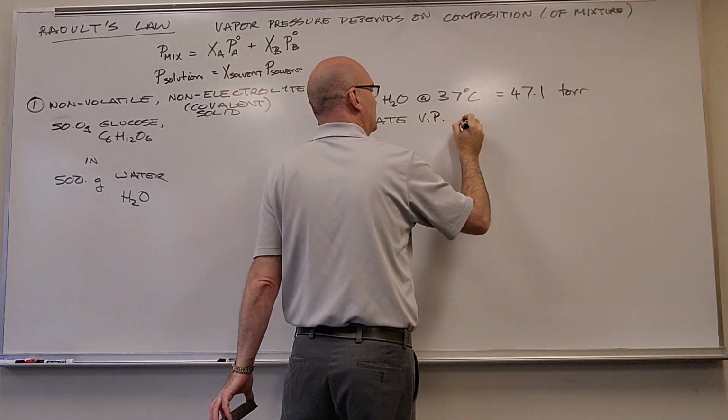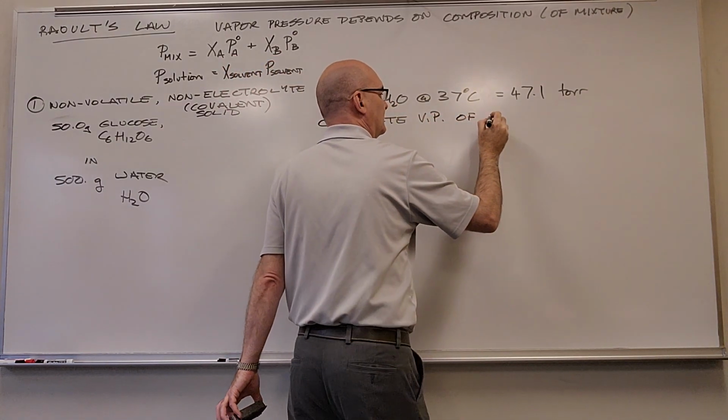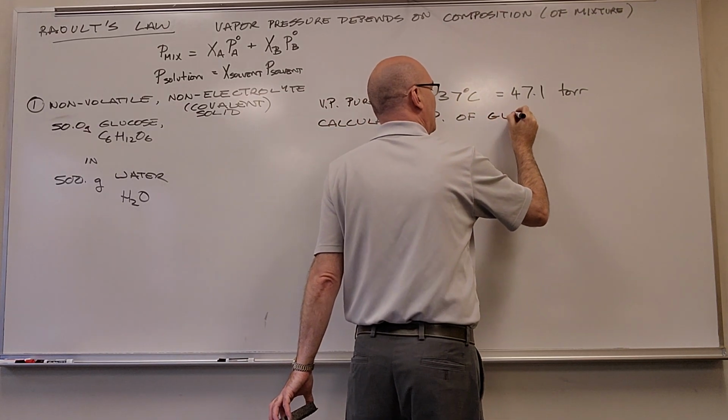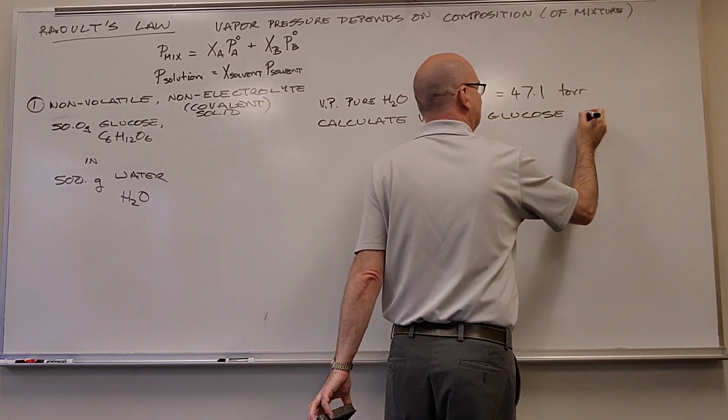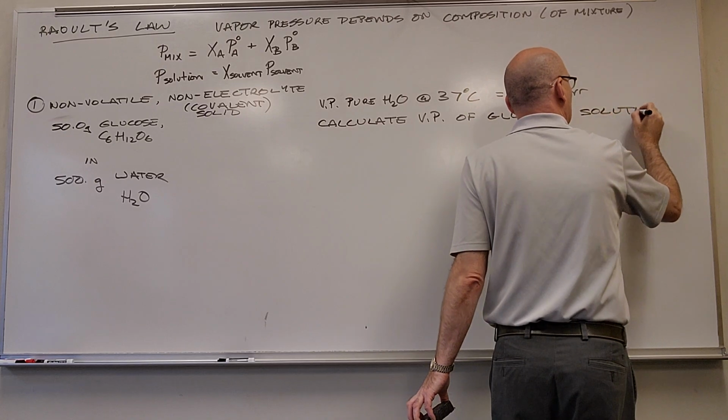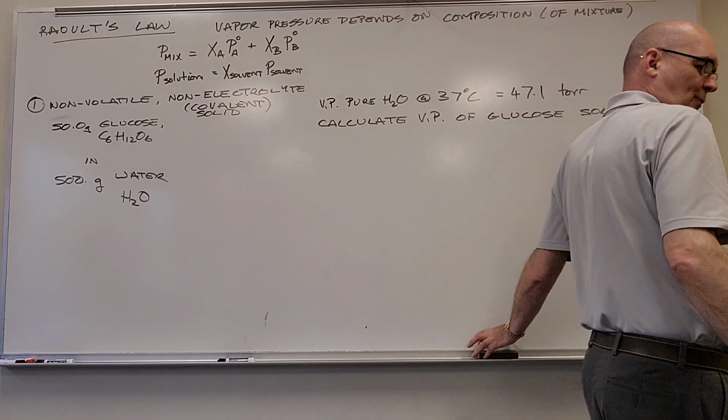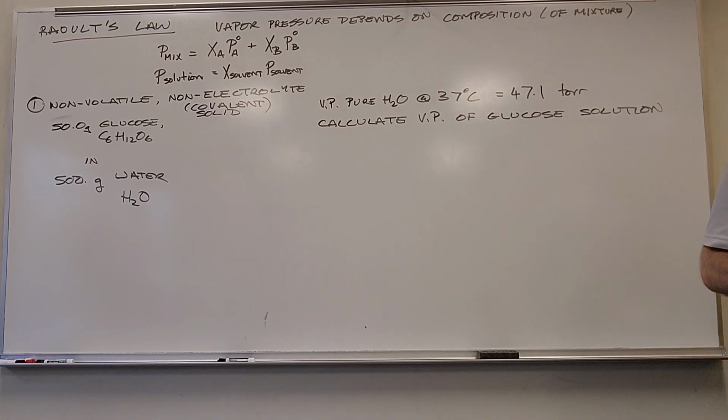Calculate the vapor pressure of the glucose solution. The solution you get when you add 50 grams of glucose into 500 grams of water.